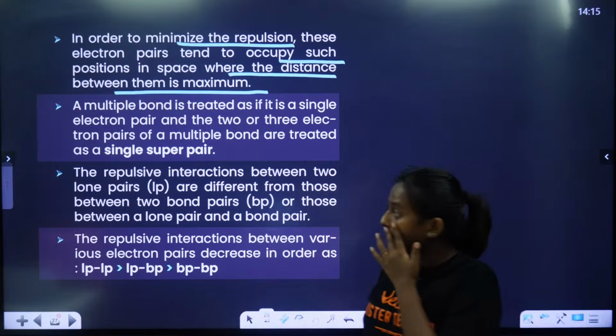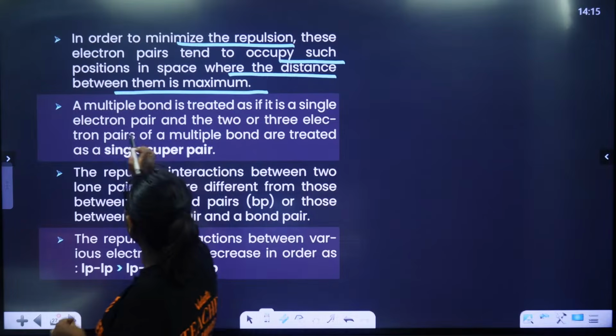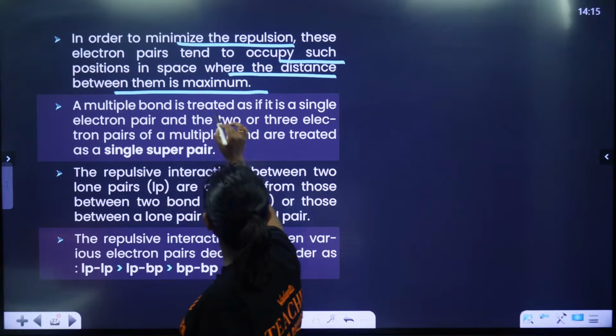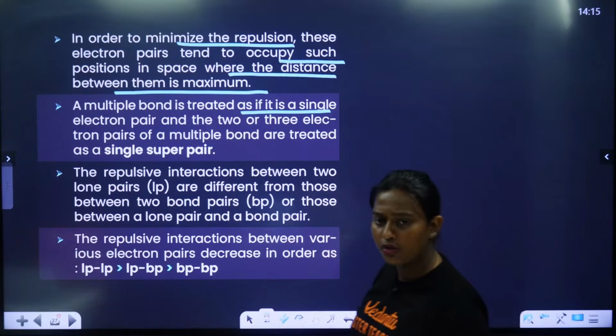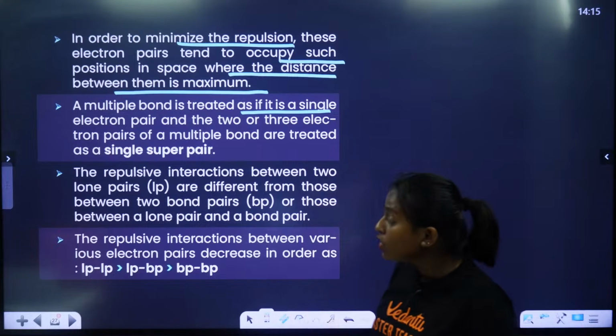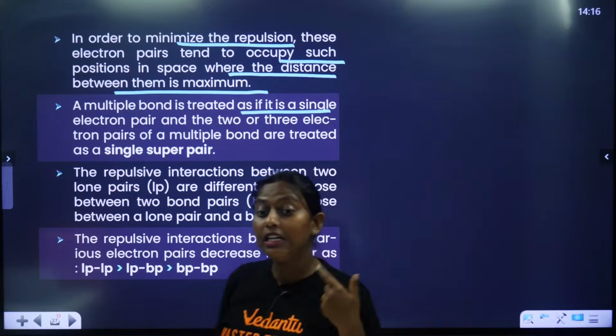The next point: a multiple bond is treated as if it is a single electron pair. We know there are triple bonds and double bonds, and we consider them as a single electron pair.